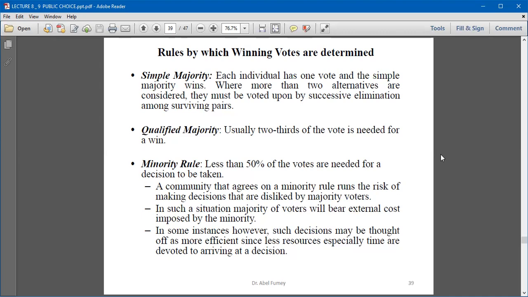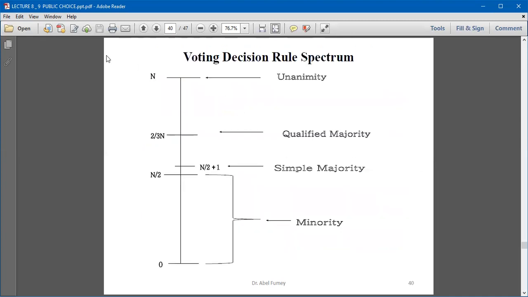The smaller percentage should rather win. So it's not like the unanimity rule, where you have to get all the people to come together and give their consent before you go for a policy. All right, so this is the decision rules spectrum.